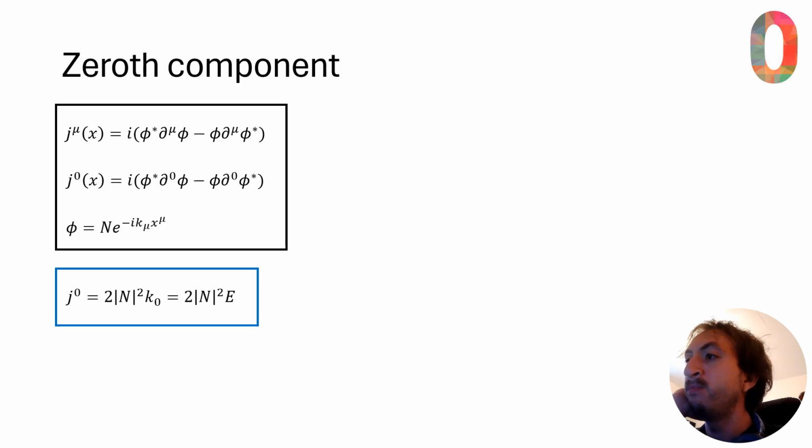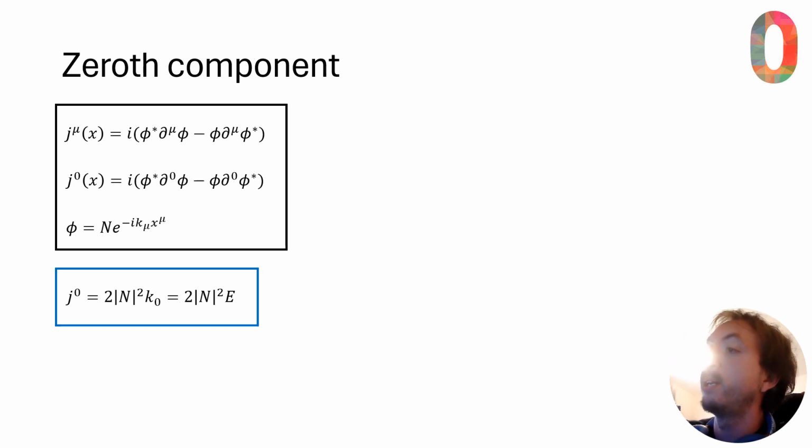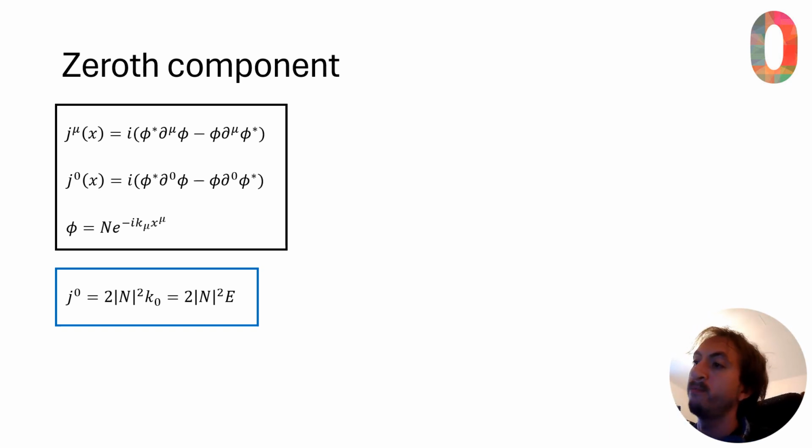Well, if you put the solution of the Klein Gordon equation into your expression for the 0th component of four-current, you end up with this expression. And the problem with this expression is, well, firstly, we're assuming it is valid in the context of quantum mechanics, albeit relativistic quantum mechanics.